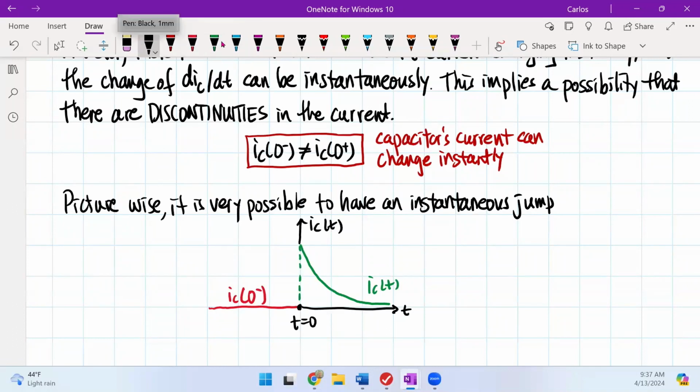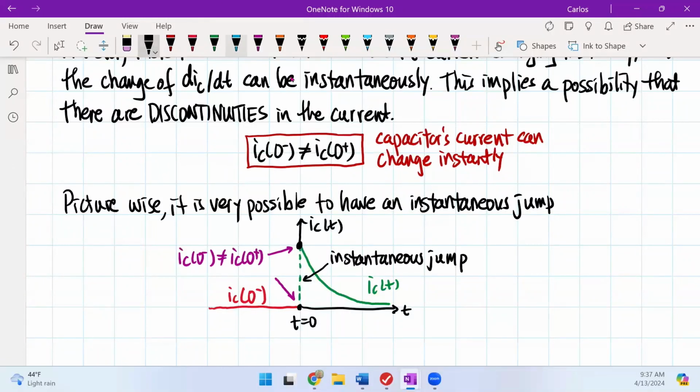If you look at this point right here, there are 2 points that you have to look at. You could clearly see that Ic of 0 minus is clearly not equal to that right there, and that's because there's an instantaneous jump.